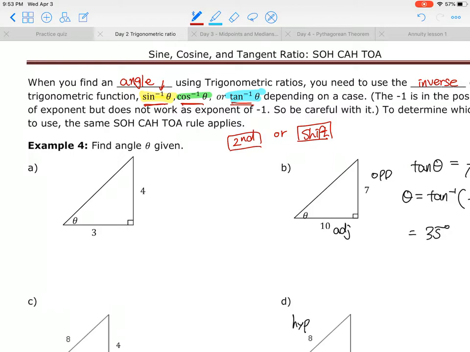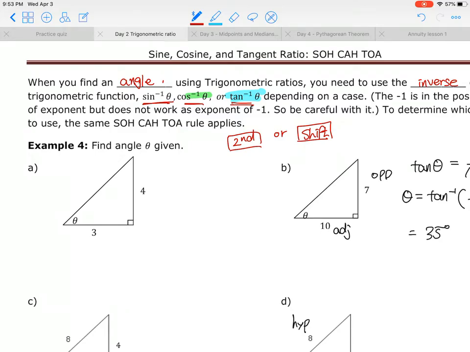Okay, so we read this as sine inverse of theta, but it's not sine to the power of -1. So please don't read that. That's going to be very awkward. That's going to be very, I'll say, ignorant. So please read this as sine inverse of theta.